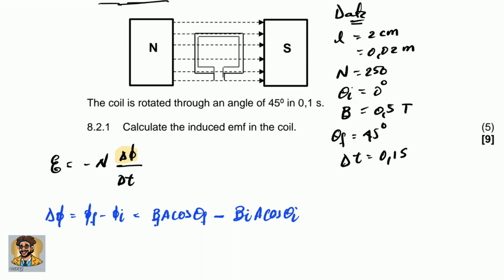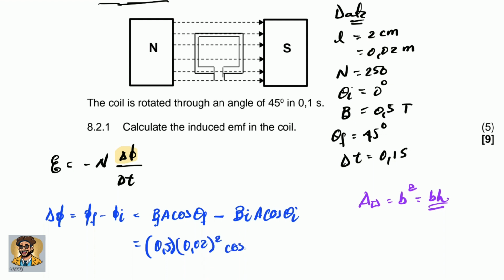When you substitute here, you get 0.5 multiplied by the area of the square. How do you calculate the area of the square? It is equal to side squared, or you can say base times height, but it's the same. So the area here will be 0.02 squared.